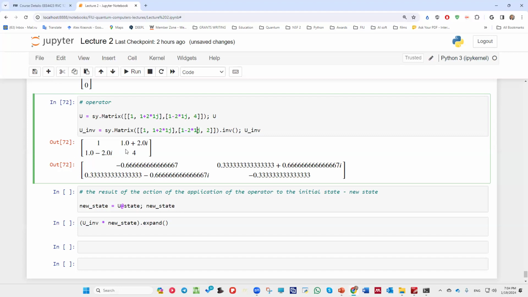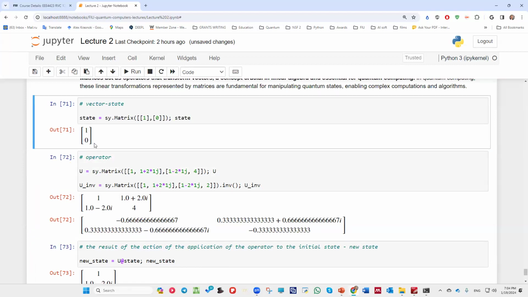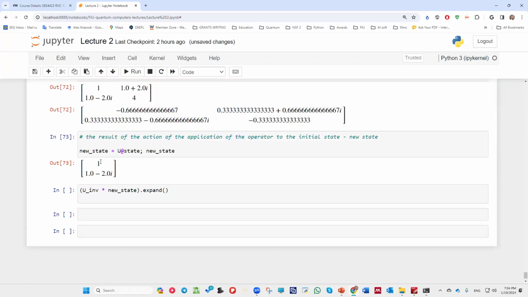In this case, it is a Hermitian matrix, but it doesn't really matter. For the given state, I can multiply the state with the matrix, and it will give me another vector like this. So we started from this vector here, 1, 0, and then this matrix acts on the initial state and creates this new vector, which belongs to the same vector space.